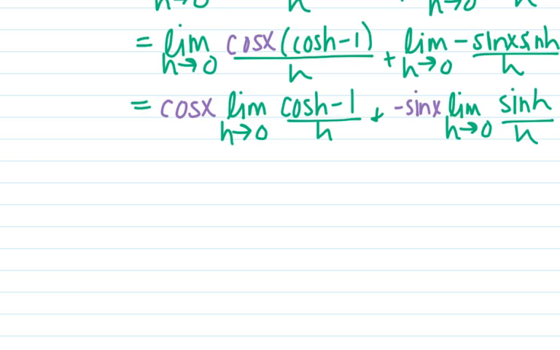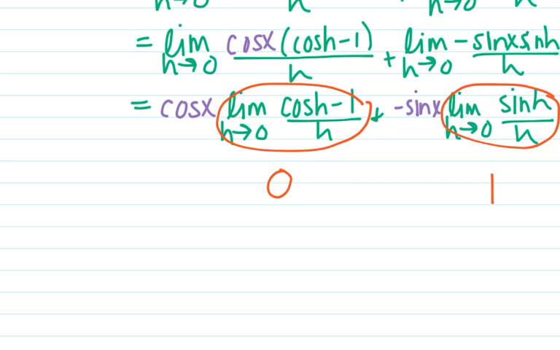And now we've got our identities again, right? So this whole thing just becomes 0, and this whole thing just becomes 1. So I have cosine x times 0, and then plus negative, I'm just going to write as a minus sine x times 1.